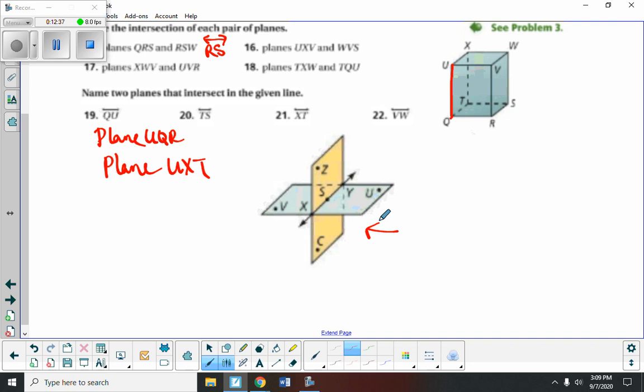You might have a question that would say, is point U on plane ZSC. So plane ZSC is the yellow one. Point U is not on it. You would say it is not coplanar with these 3 points.